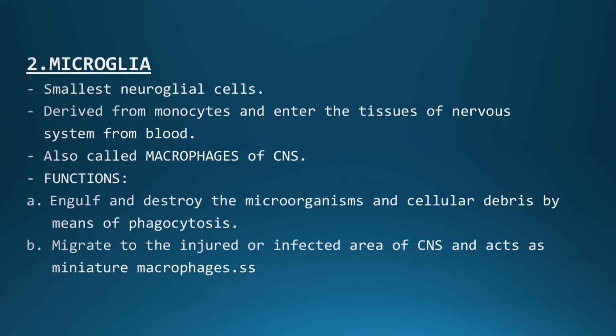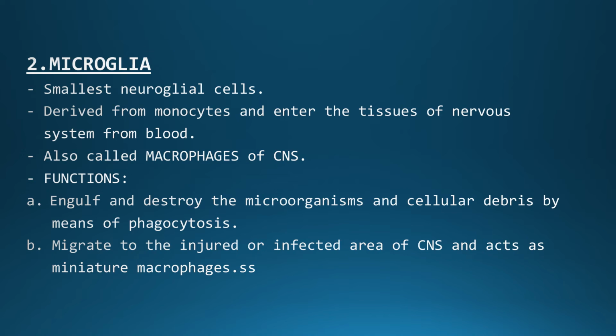Then second one is microglia cells, the smallest neuroglial cells, derived from monocytes. We know monocyte is a type of white blood cell. This enters the tissue of the nervous system from blood, also called macrophages of the central nervous system.